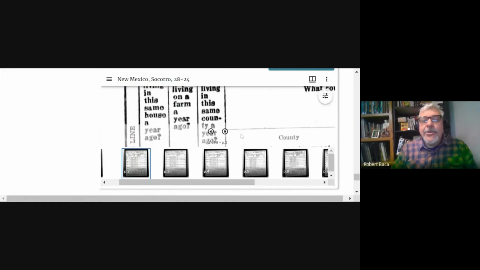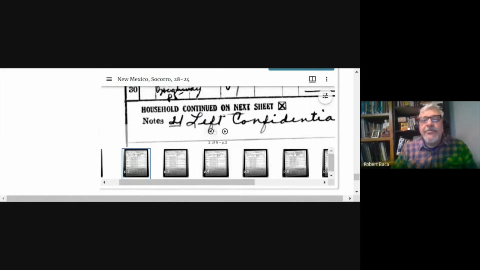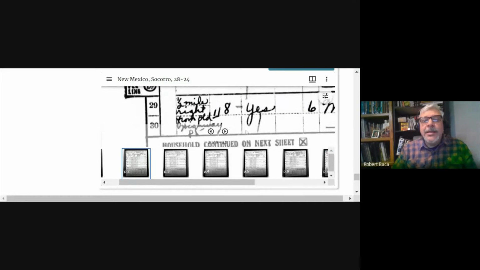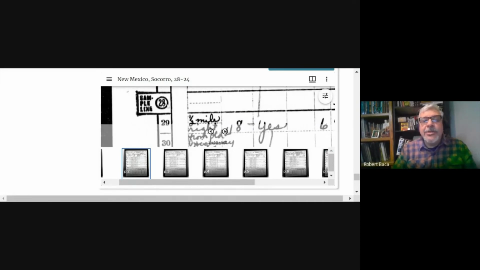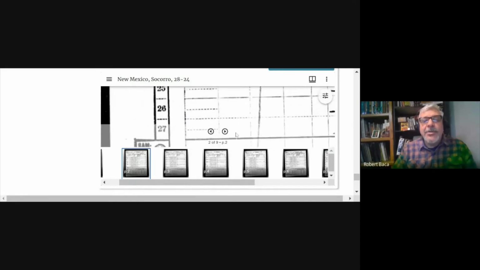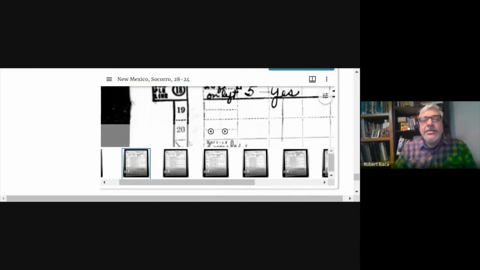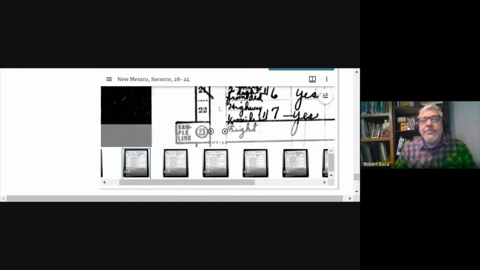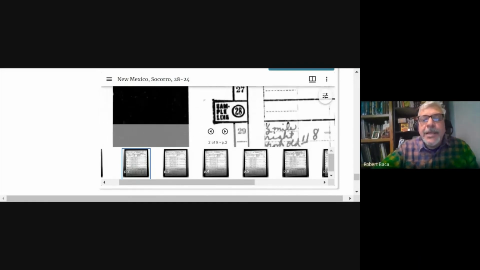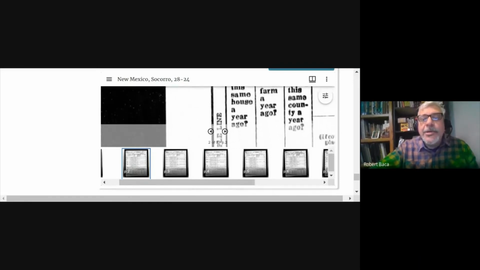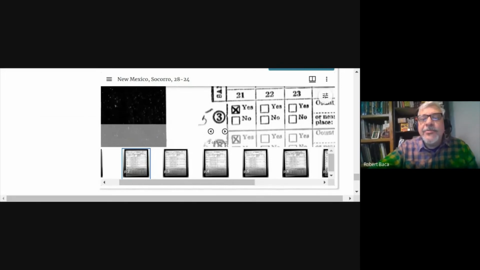You go down further and you'll notice up here you have a few of these lines that have the square and the circle around it. These are sample lines. Sample line 28, sample line 23, sample line 18, etc. And if you go down here, you'll find some additional information.